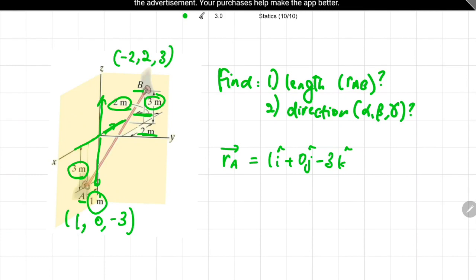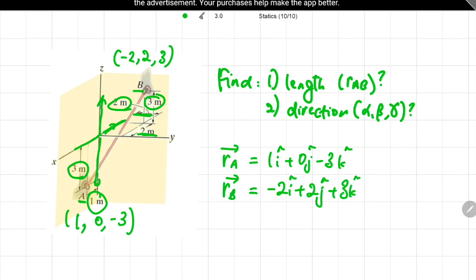If we are to convert this coordinate into an equivalent Cartesian form, then the position of point B or RB would be negative 2I plus 2J plus 3K. Quite straightforward kan?